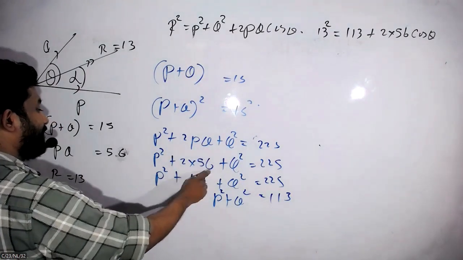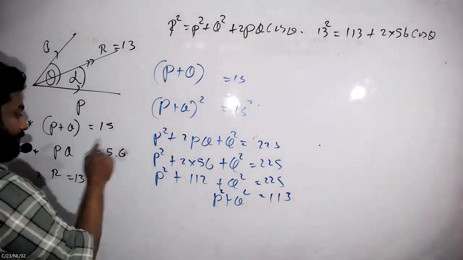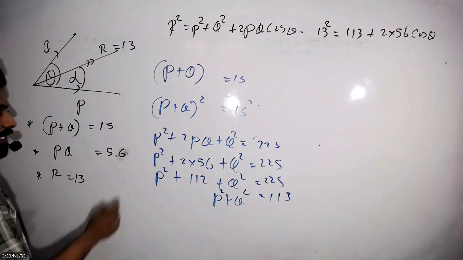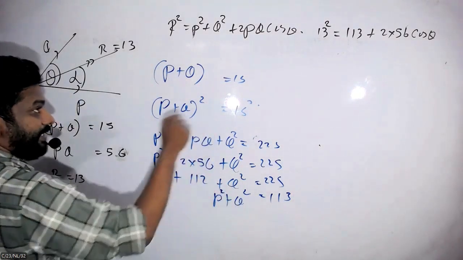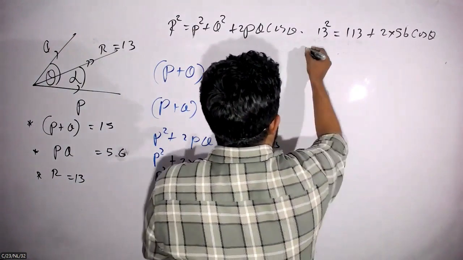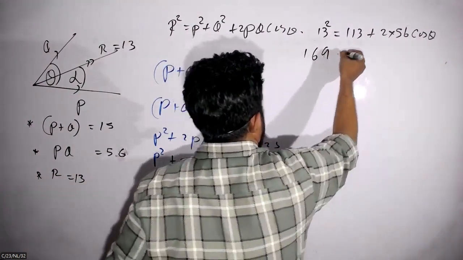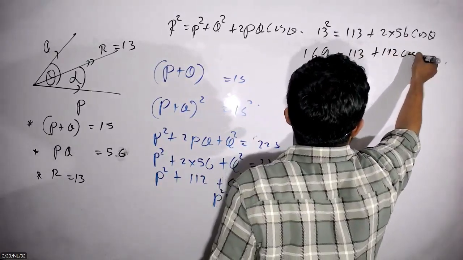You can substitute PQ as 56. The value of this multiplication is given. Therefore you can identify P squared plus Q squared. Then the answer should be equal to, this one is 169, 113 plus 112 cos theta.